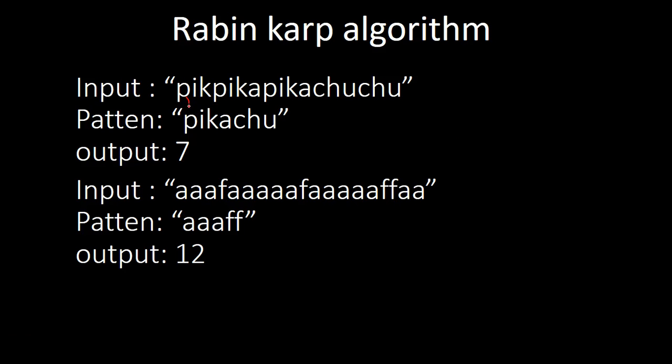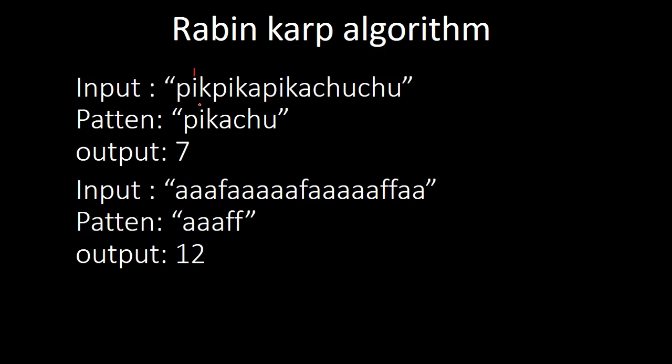If this p is equal to p, then we will move further, and this i is equal to i, then we can move further. This k is equal to k, and this p is not equal to a. If this p is not equal to a, then we can say that this p is not included. This p is never going to be included inside the pattern. So we'll move back.